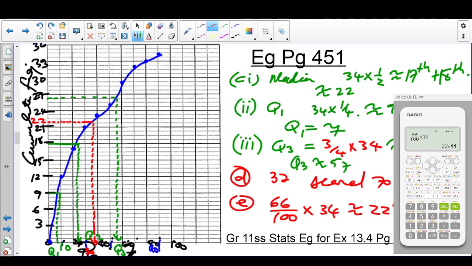And their answer is 40. I wouldn't go with 40 because 40 gives you 23. So I would take a value just less than 40.